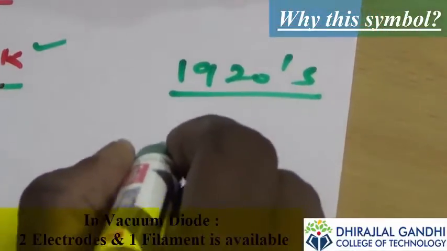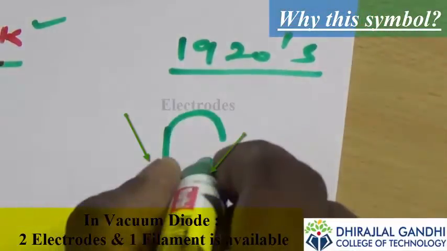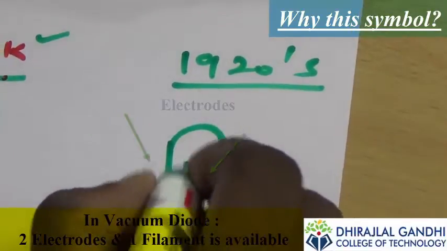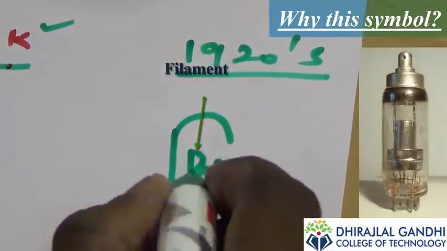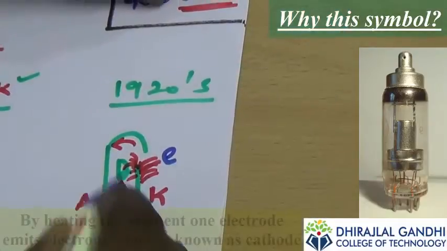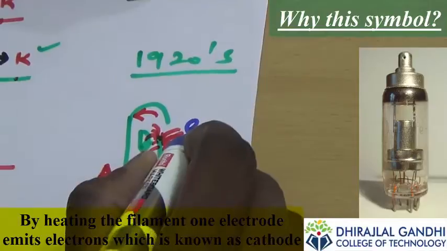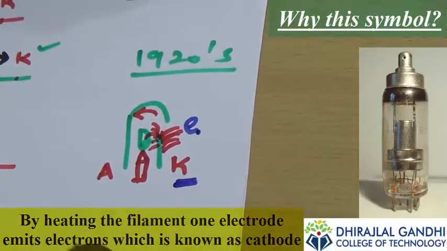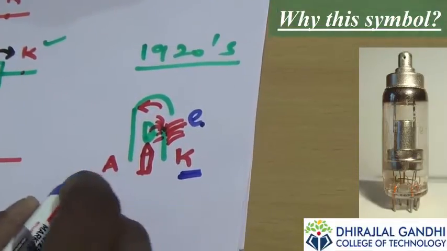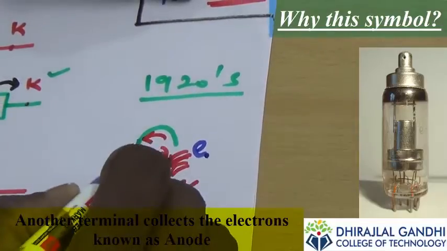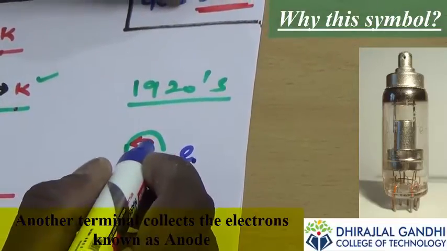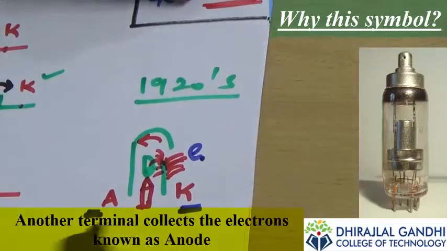In the vacuum diode, there are two electrodes, one of them a filament. By heating this element, this electrode emits electrons, and it is called the cathode terminal. The opposite terminal, which is the anode, collects the electrons from the cathode.